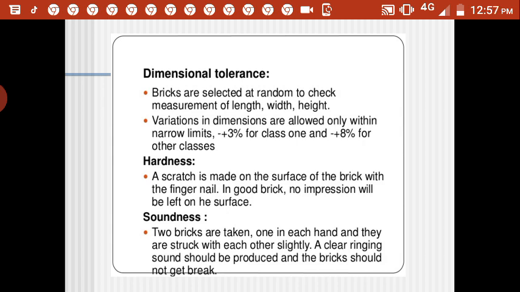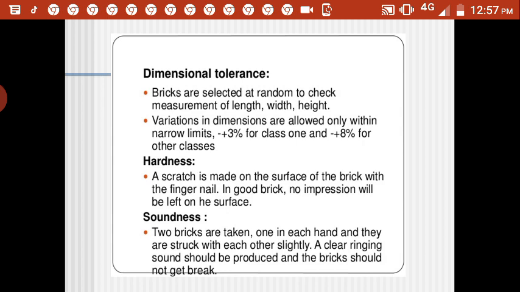These are the different properties of the bricks you are going to test. Of course it requires some instruments. For compressive strength you require a universal testing machine, and for the water absorption test you require distilled water with one chamber where you immerse the brick.